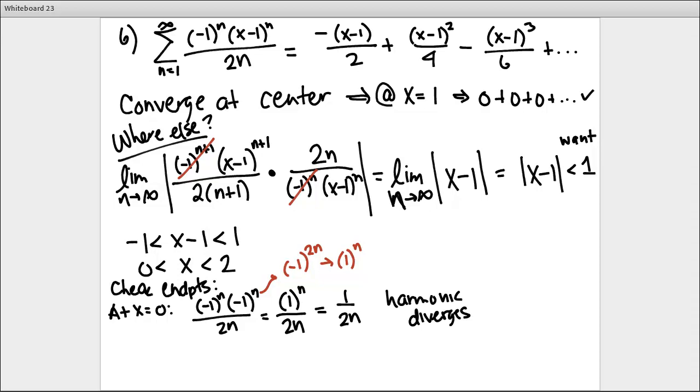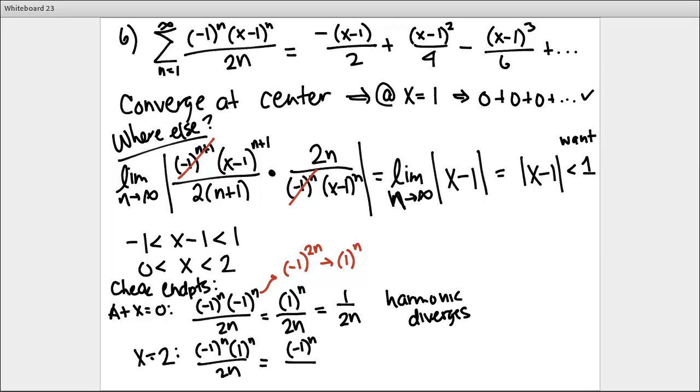And so you're not going to include 0 there. And at x equals 2, you would have a (-1) to the nth power times a (+1) to the nth power over 2n.